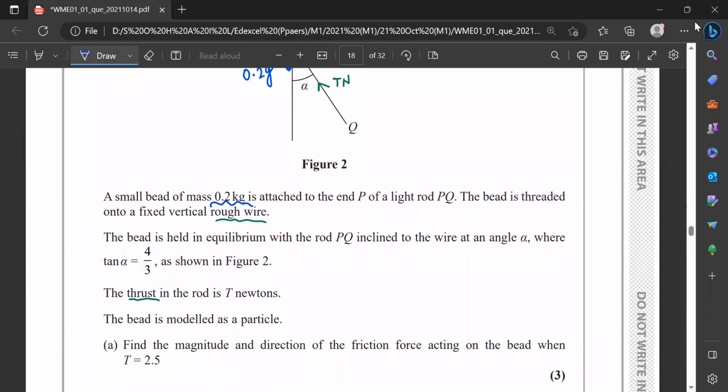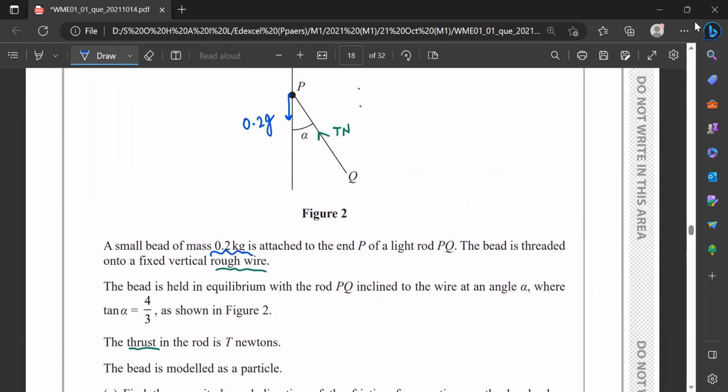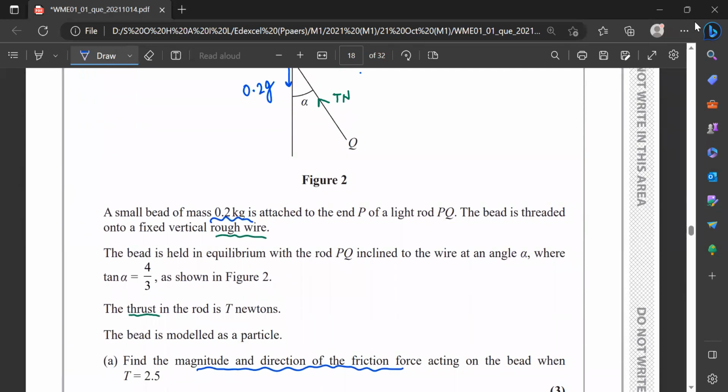The bead is modeled as a particle. Find the magnitude and the direction of the frictional force. Tension is given, tension is 2.5.